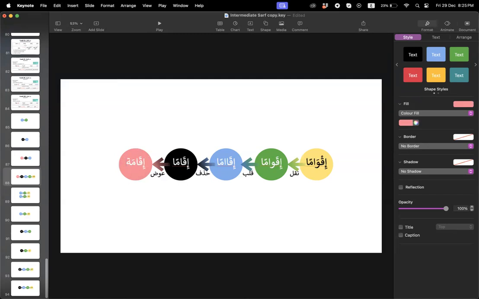Okay, so that's how we get iqamatan, basically. Usually in ifa'lan, you don't have ta marbuta in the masdar. But here you do. The ta marbuta comes because you delete one of the pattern letters in this pattern, basically.